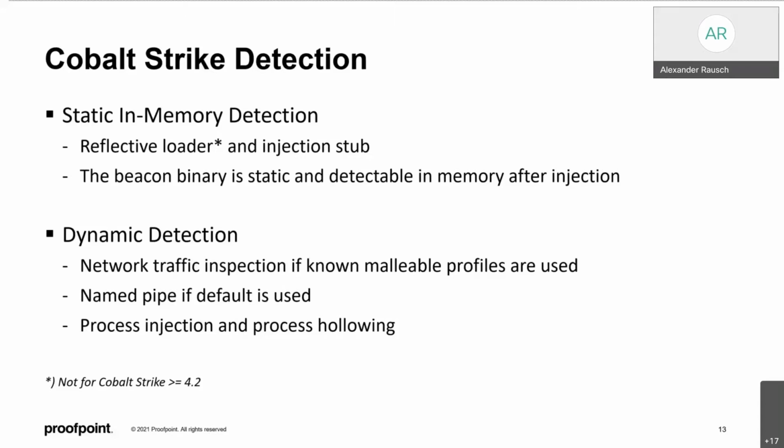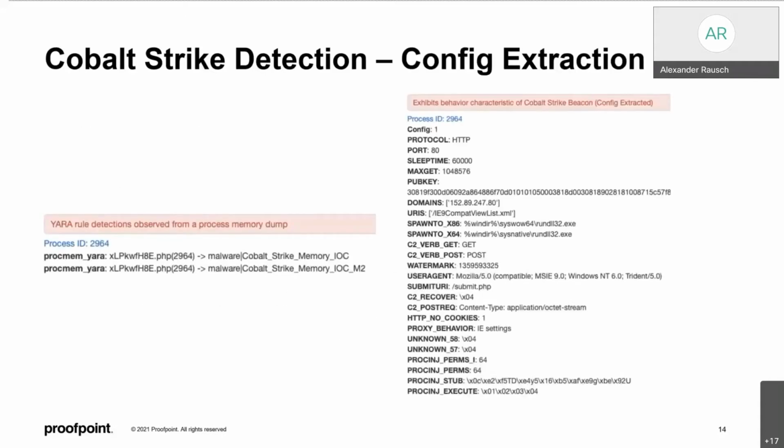On the slide, you can see two screenshots of a sandbox run. On the left side, you can see that CobaltStrike IOCs have been matched against the memory dump with a YARA rule for CobaltStrike detection.